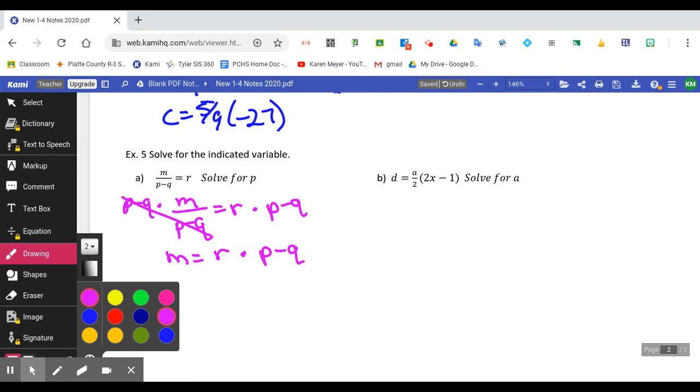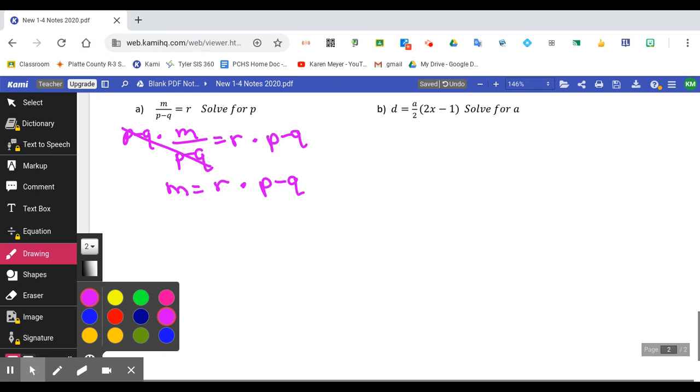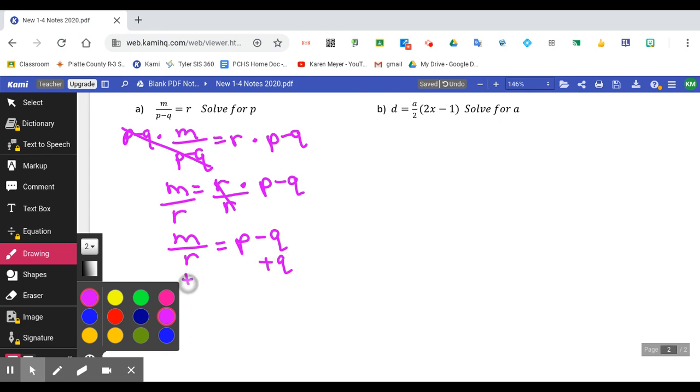So instead, I'm going to think the opposite of multiplying is to divide. So M over R equals P minus Q. And then to move the minus Q, I have to add Q to both sides. So P equals M over R plus Q.